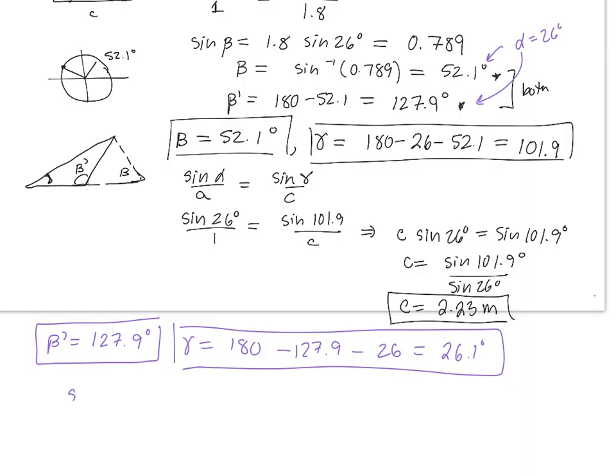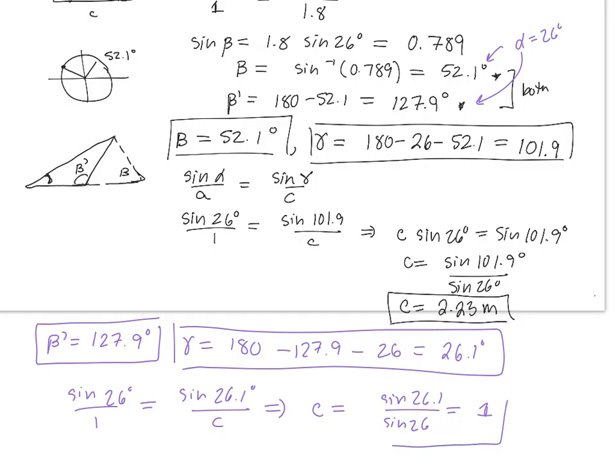And then let's do the same thing. Sine of 26 degrees over 1 will equal sine of 26.1 degrees over C. And you get C is sine of 26.1 over sine of 26, which effectively is just 1.